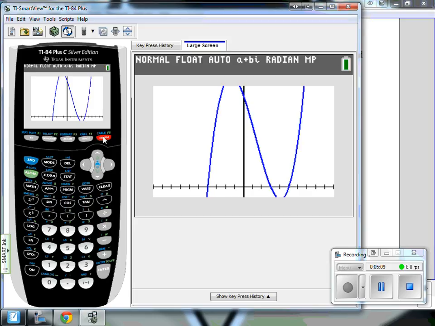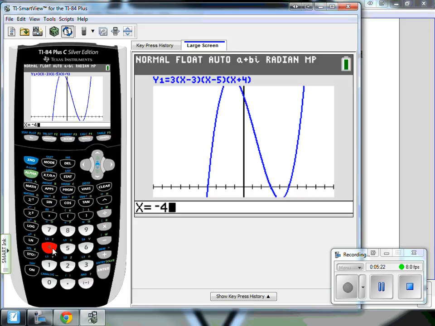If you hit trace, it usually pops up right on the y-intercept. There it is, 0, 180, just like we thought. You might want to trace to -4. See how it says -4, 0? Good shape. 3 was another 0. 5 was another 0.